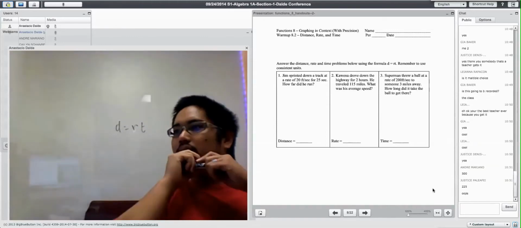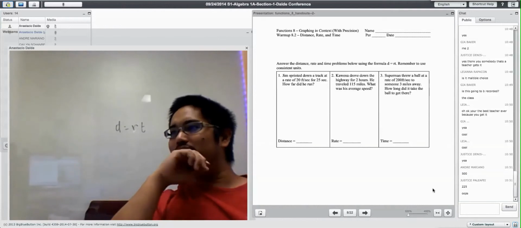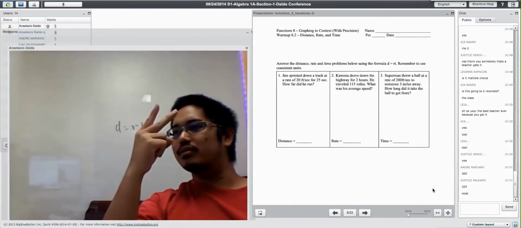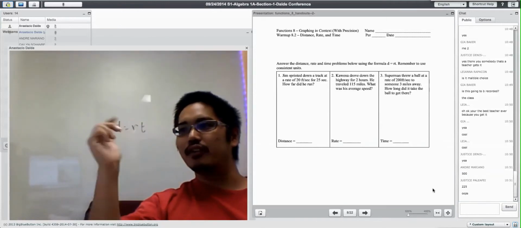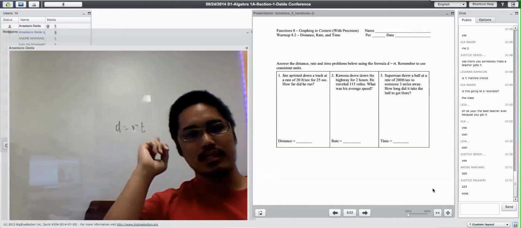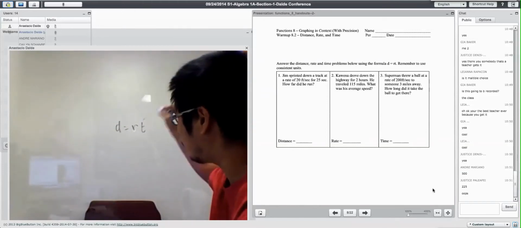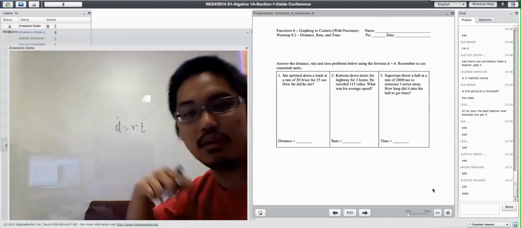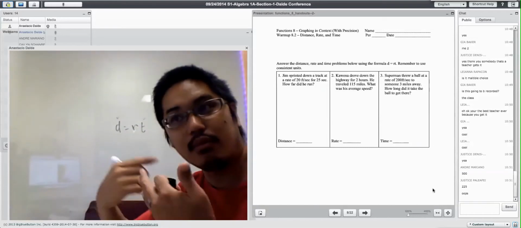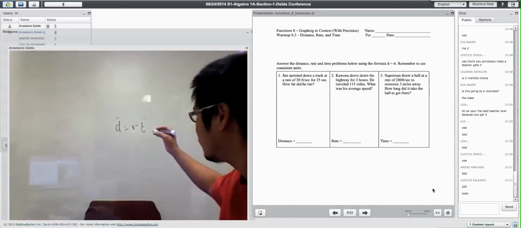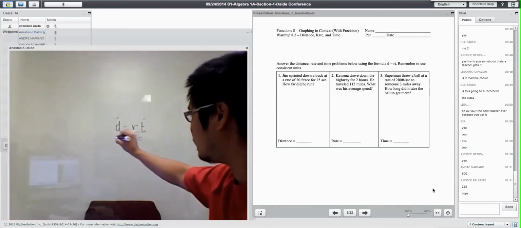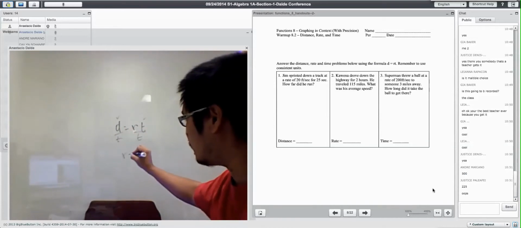Kawana drove down a highway for 2 hours, and he drove 115 miles. What was his average speed? We have the time, check. We have the distance, but this time we're looking for the rate. So we have to solve for the rate, which means dividing both sides by t, and you get rate is equal to distance over time.